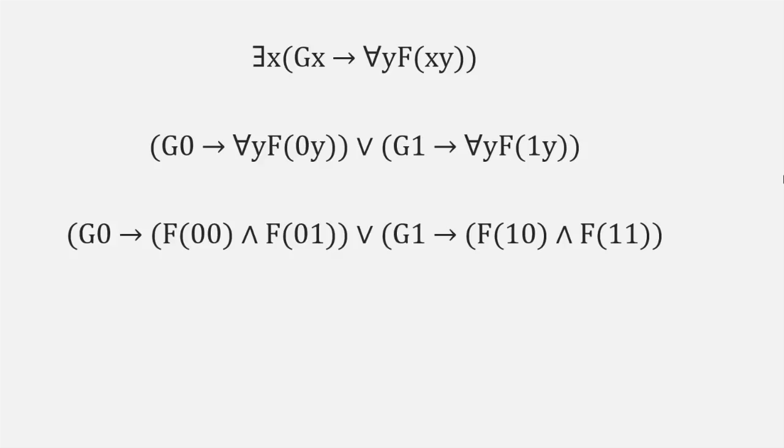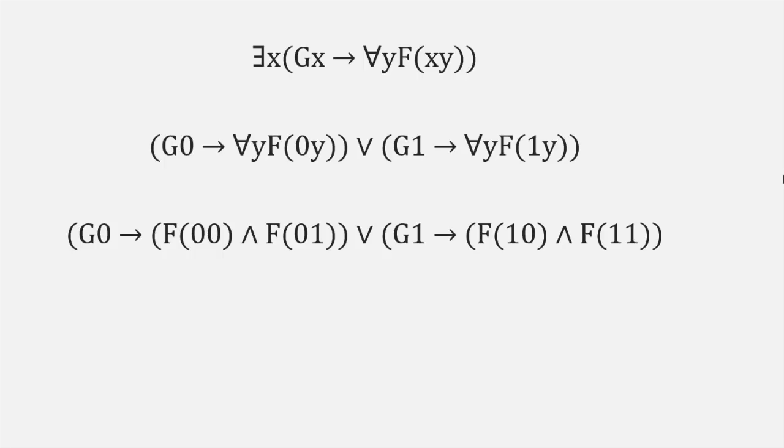So the first step, I'm going to start from the outside and work my way in. There's no logical reason why you have to do one or the other. That's my preferred way of doing it. So I'm starting with the existential. When you expand an existential, what you're doing is saying, for my universe of discourse, I've just got 2 objects here, so I'm going to expand the existential into this disjunction, either, and just replace.